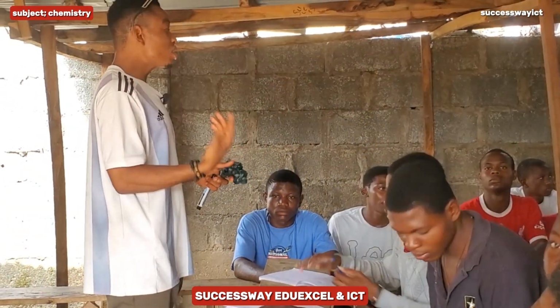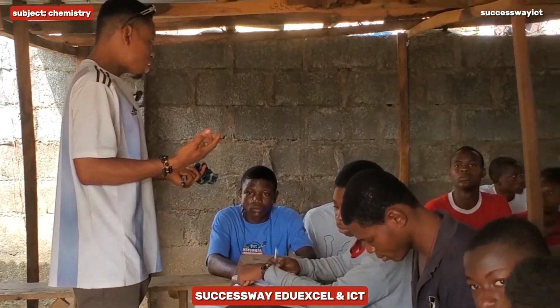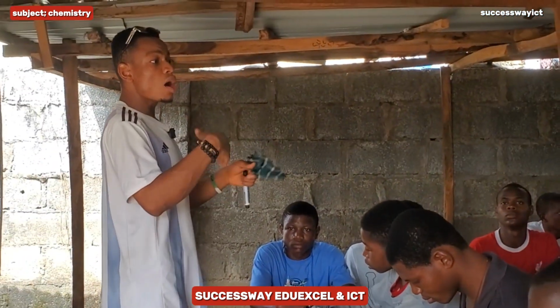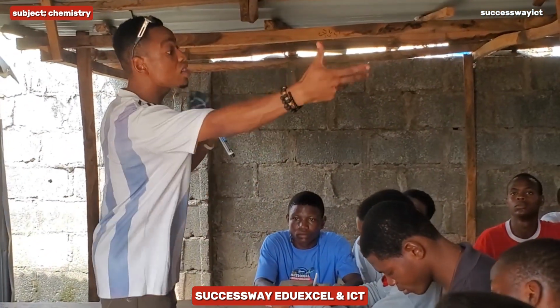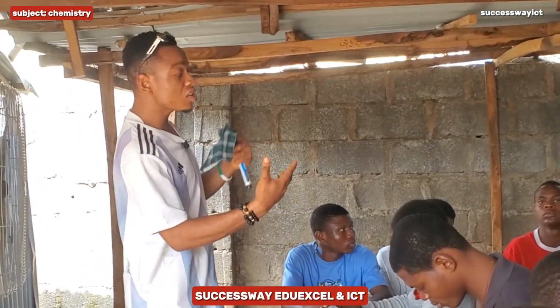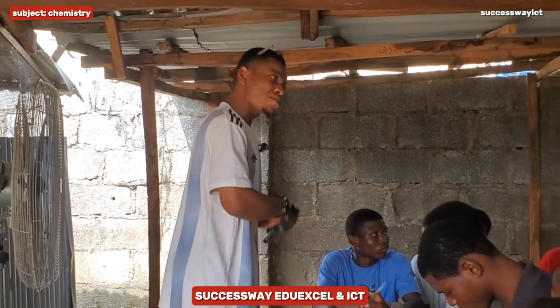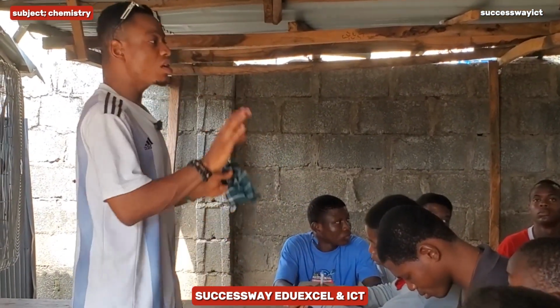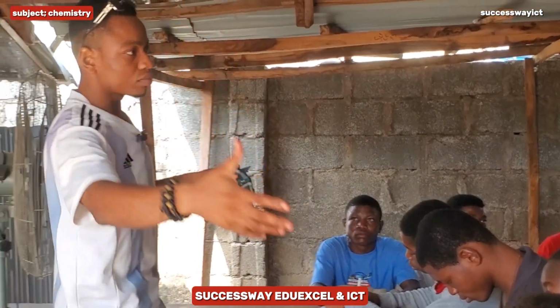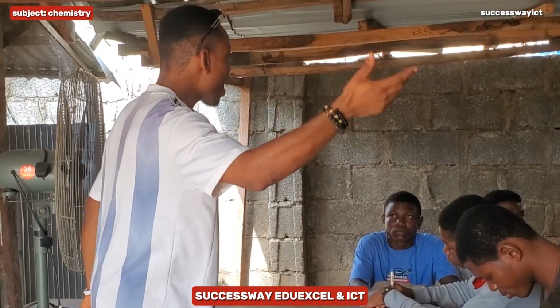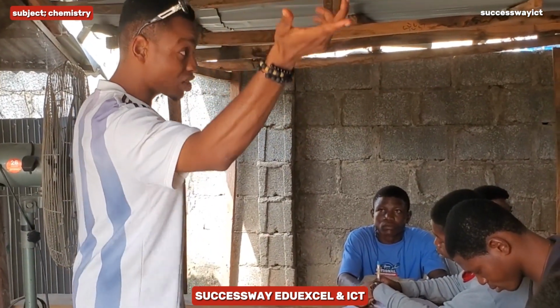What is variation? Change. It's a relationship between 2 or more quantities. Variation is a relationship between 2 or more quantities. In variation we have types of variation: the direct, the inverse, the joint, and the partial, right?